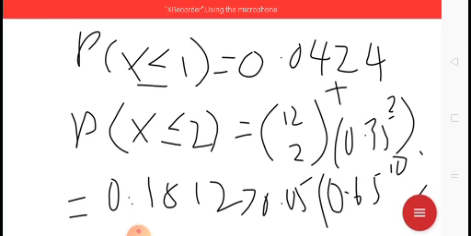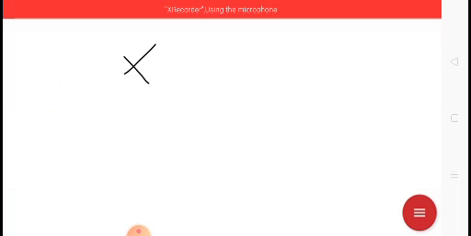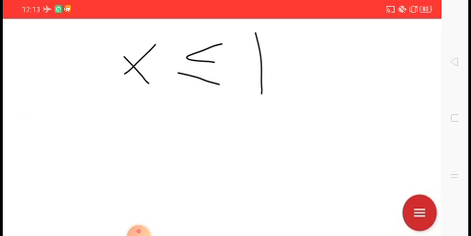So for the lower end, your critical region should be X smaller or equal to 1. So this is your critical region. This critical region will include X equal to 0 and X equal to 1, only 2 values inside the lower part of the critical region.